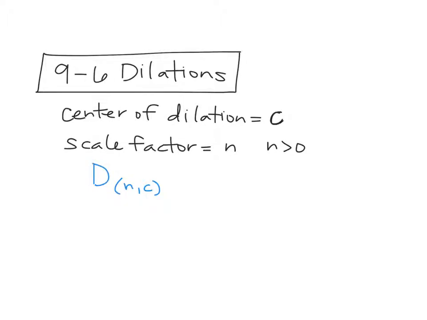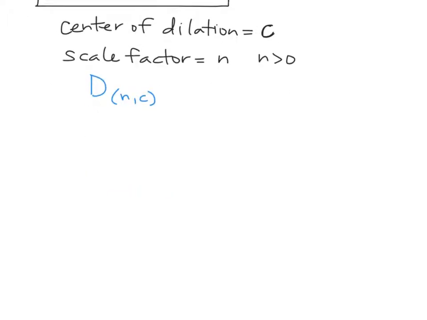So your center of dilation. Okay, so that's the notation for it. When you write the rule, this is how your rule should look. I'll show you an example later of where it's not always going to look just like that, but for the most part, that's how the rule should be written.